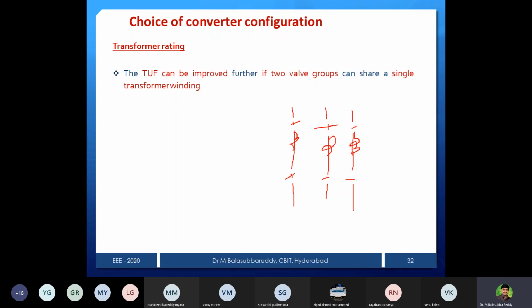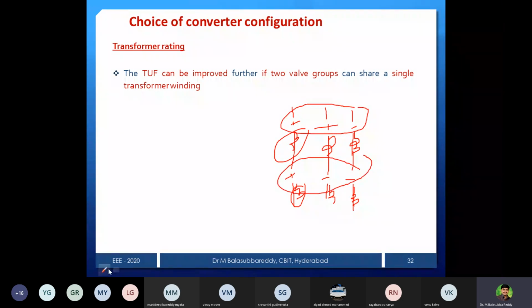If I use separate windings in the first wall and then the second wall, what will happen is, instead of this, if I use the combined arrangement, only one winding can serve this group of devices as well as that group of devices, so that we can improve further.